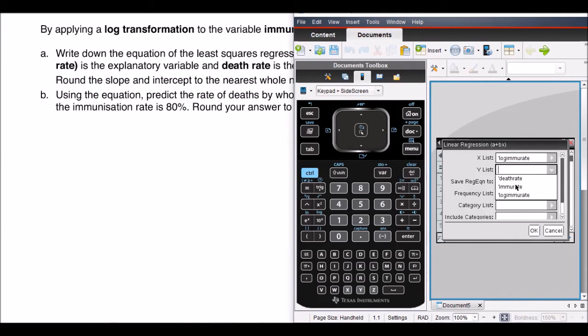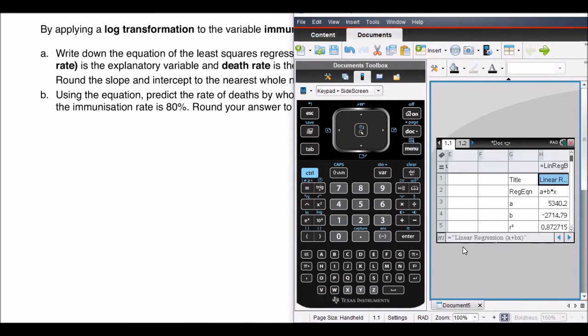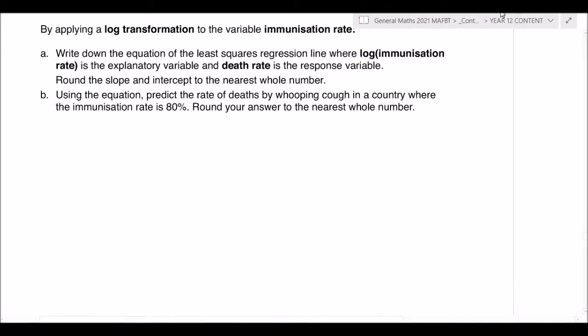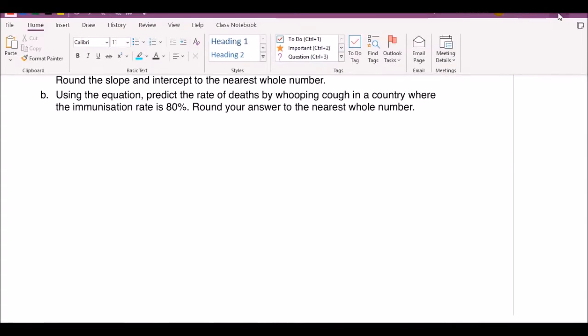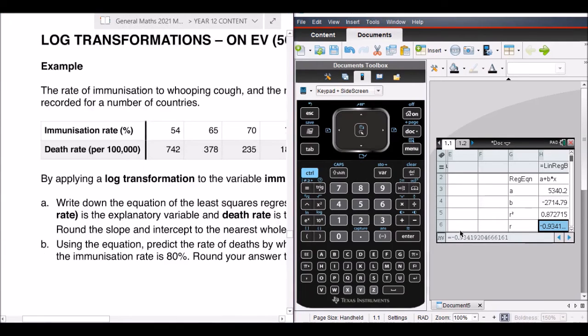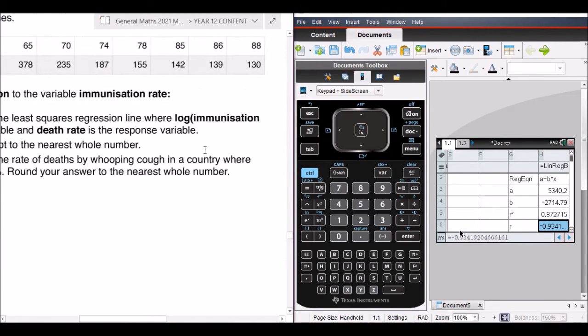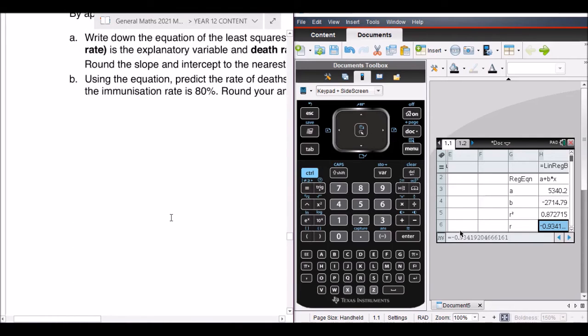For the RV, we'll use death rate. Remember the form of the formula: y equals a plus bx, and that's where you get a and b from.